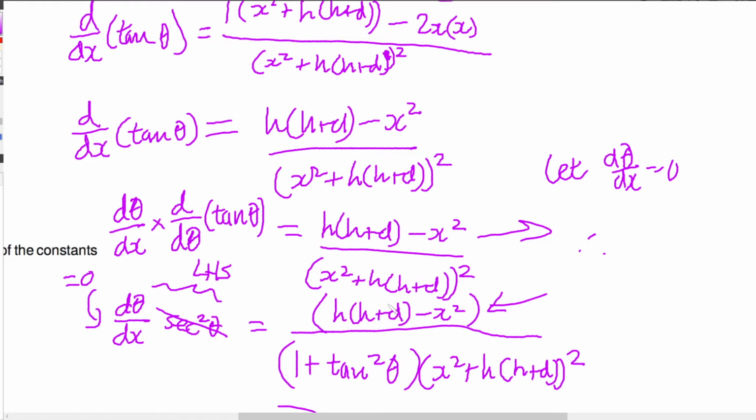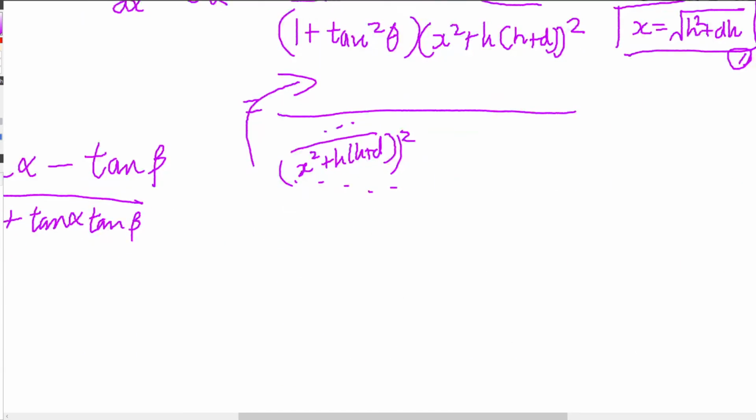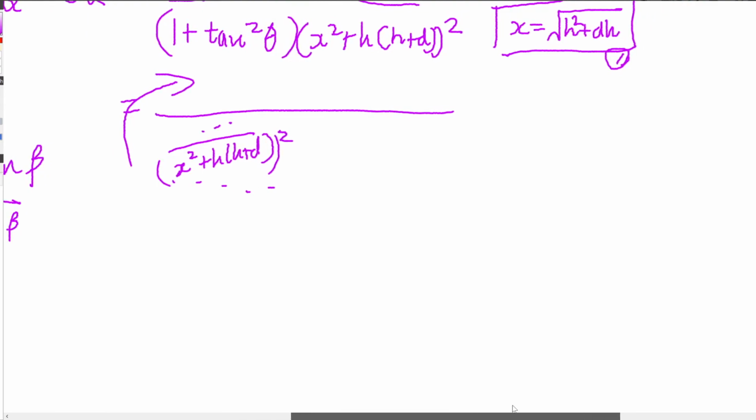Or 1 over the denominator can never be 0 for any real denominator. So h times h plus d minus x squared would be equal to 0 if d theta by dx were equal to 0. And x squared would be h squared plus dh, and x would be root h squared plus dh. So that's one possibility for the maximum of theta.